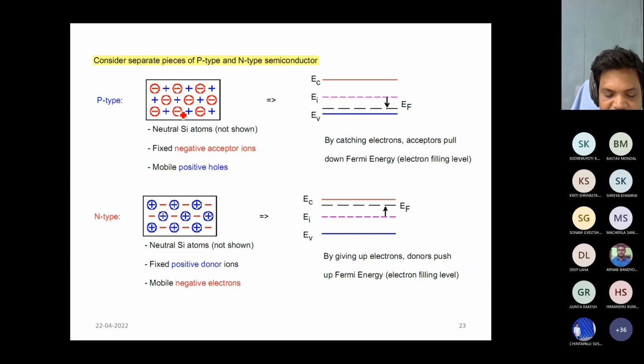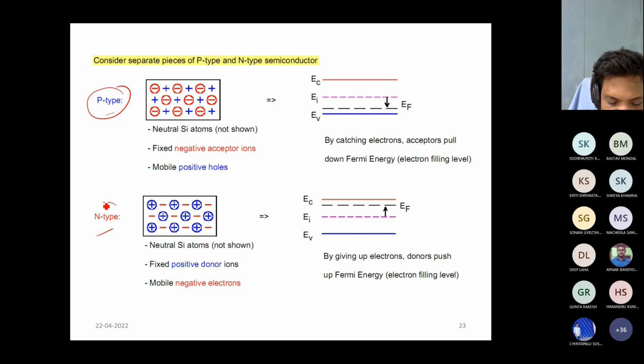If we consider a separate piece of p-type semiconductor and n-type semiconductor, I'm not defining what is p-type and n-type semiconductor; I'm assuming that you know a little bit about this. You know that whenever p-type acceptor atoms are doped with silicon or germanium, it provides more hole carriers, and that's why it is called the p-type semiconductor.